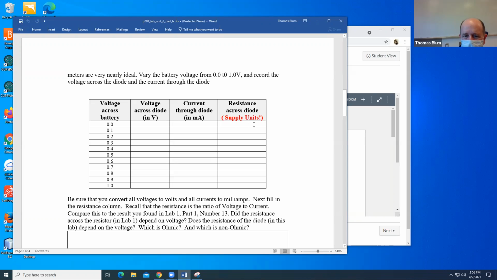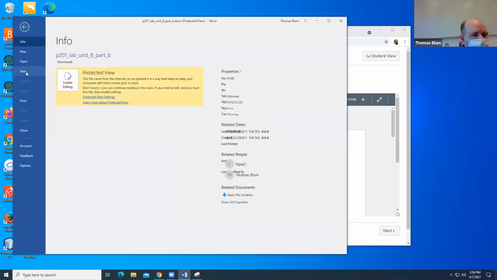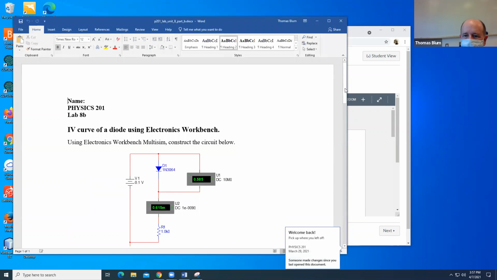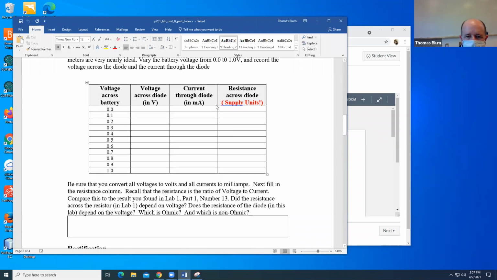And so you should just leave this blank. This should just be left blank, because your math teacher told you not to divide by 0. So don't divide by 0.